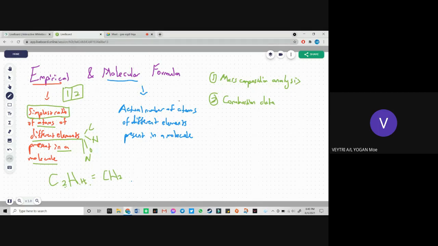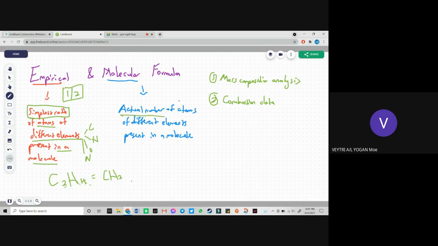Molecular formula: the moment you hear the word molecule itself, since the first session, you guys know a molecule is something which is big, composed of many things. Therefore, always bear in mind it's going to maintain its actual number. Okay. Now, let's have a look at the definition of molecular formula.